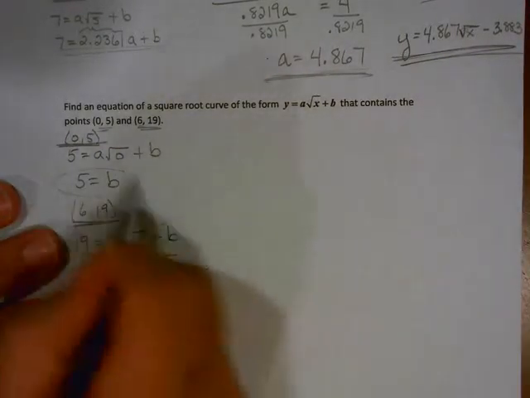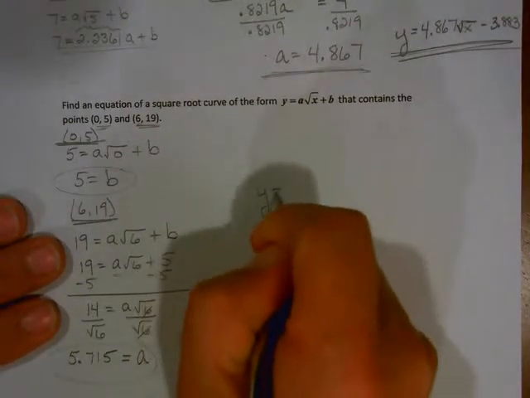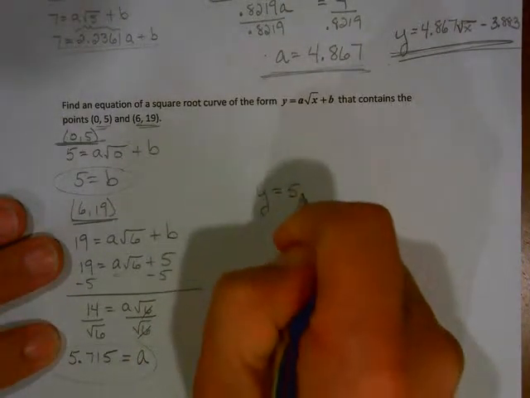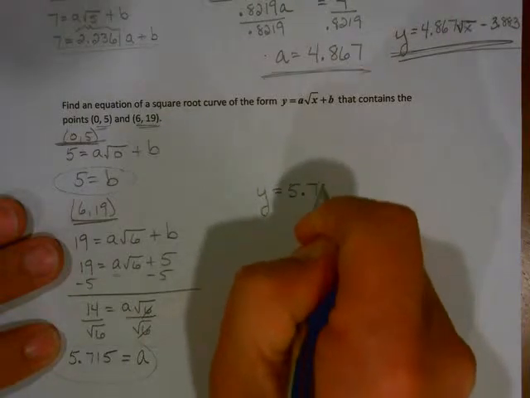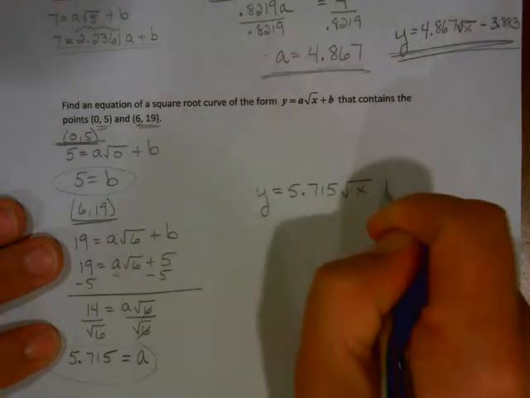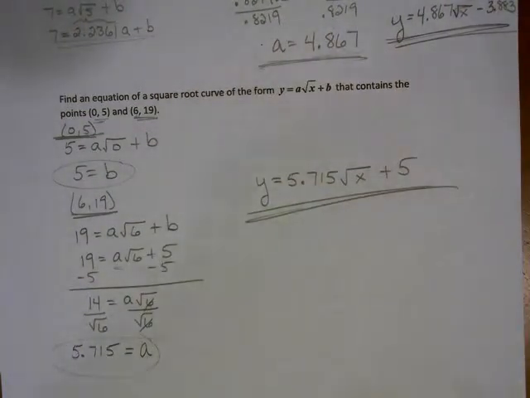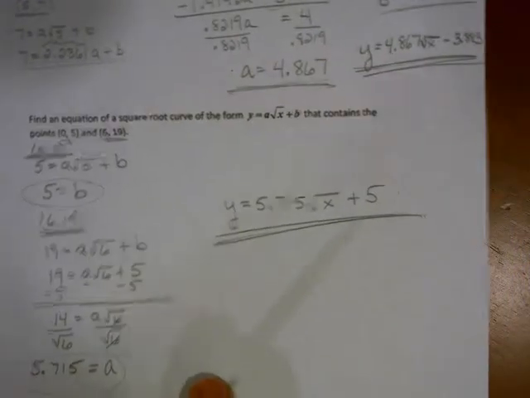So we have b, we have a, so our equation is going to be y equals 5.715 square root of x plus 5. And again, if you want to check it, you could plug those points in or check it on your calculator.